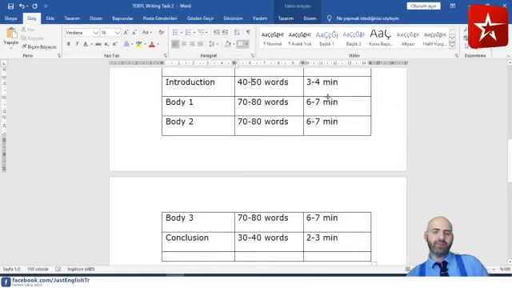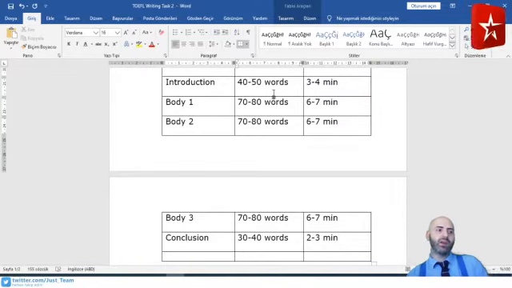Now, as for timing, let's say we spent 7 minutes on each body paragraph. It is 21 minutes. We spent 3 minutes here, 24, and we spent 3 minutes here. It is 26. What do we need to do with the rest? We still have 4 minutes.